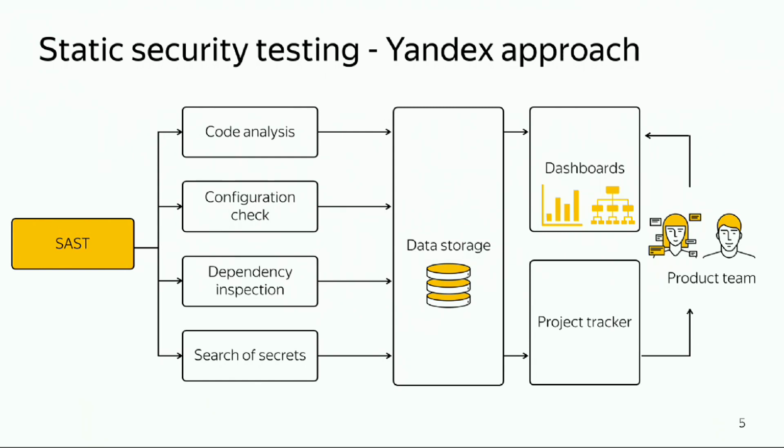There is also the dependency inspection approach. A lot of products have third-party components and dependencies that are not connected to your code. You often cannot influence them or fix them, and you don't actually have the time for that. So dependency inspection is another direction of SAST. For this direction, we use, for example, database search.